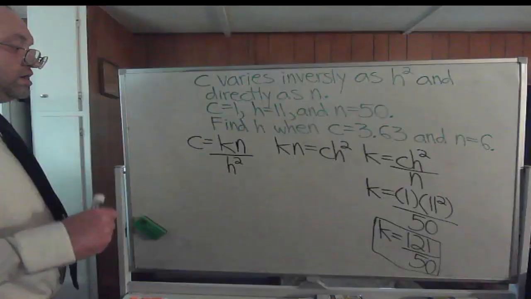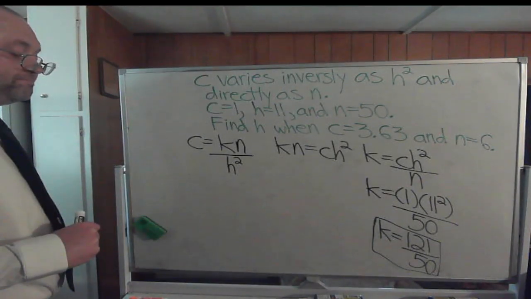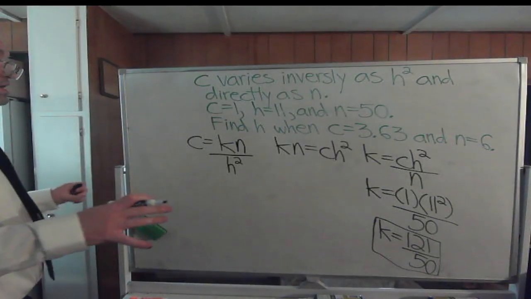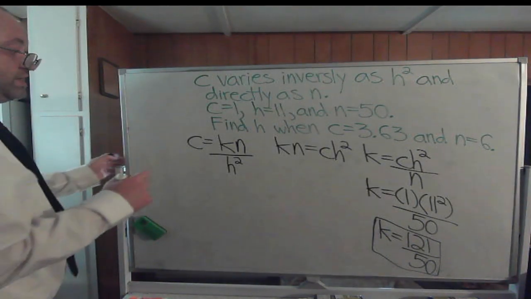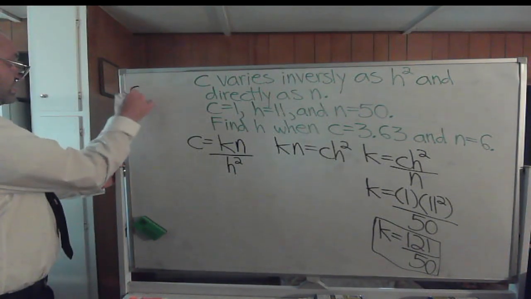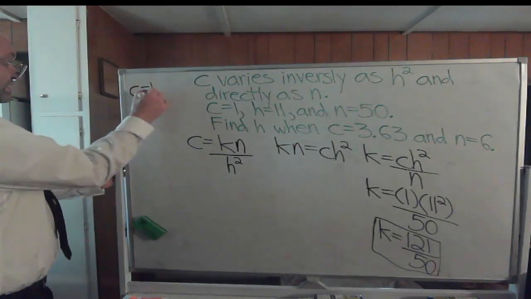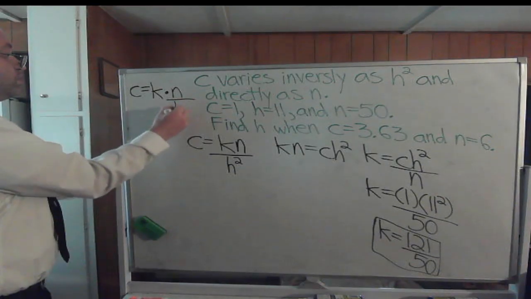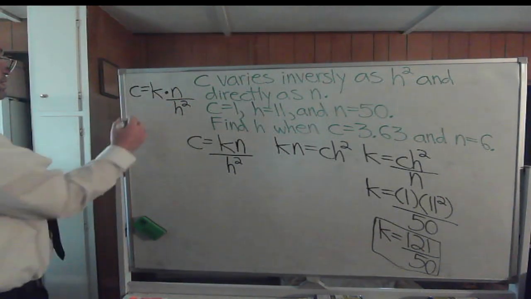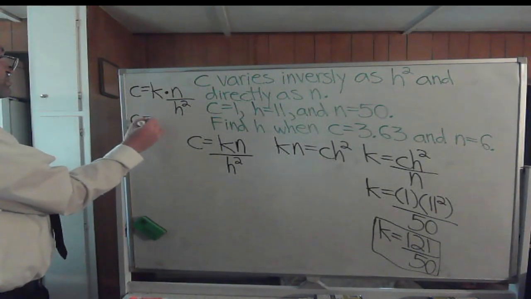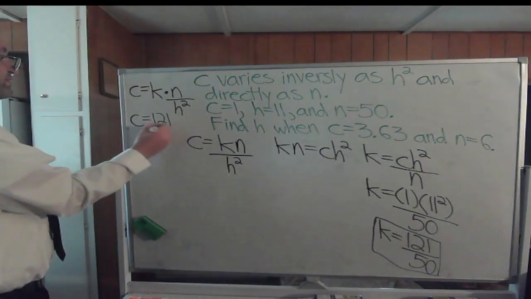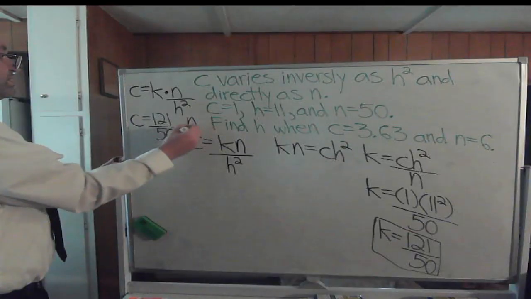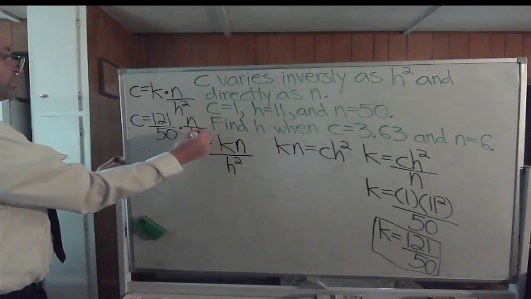Now, what you have to do is find your new equation of variation. I'm going to write that up here. So what you can do is take c is equal to k times n over h squared. That'll also work, which means c is going to equal that 121 50ths times n over the h squared.